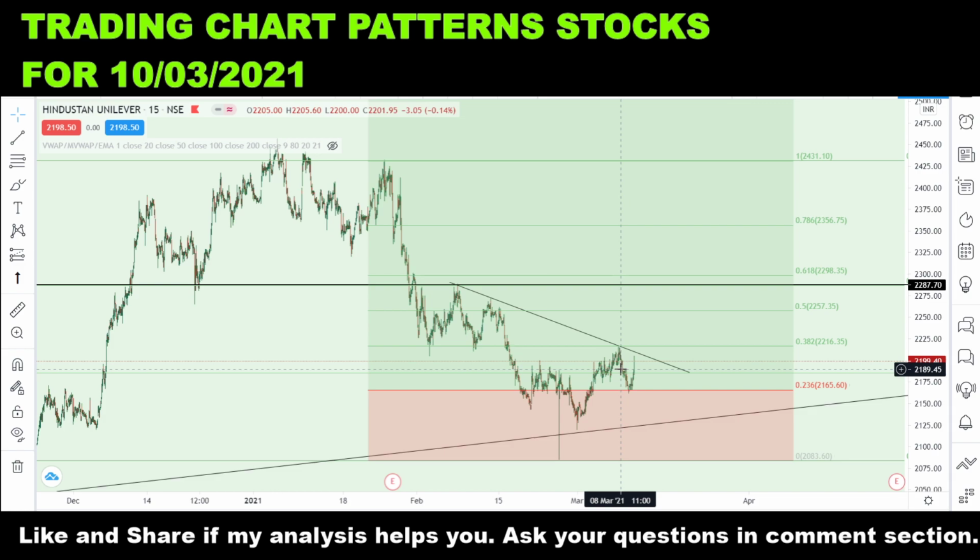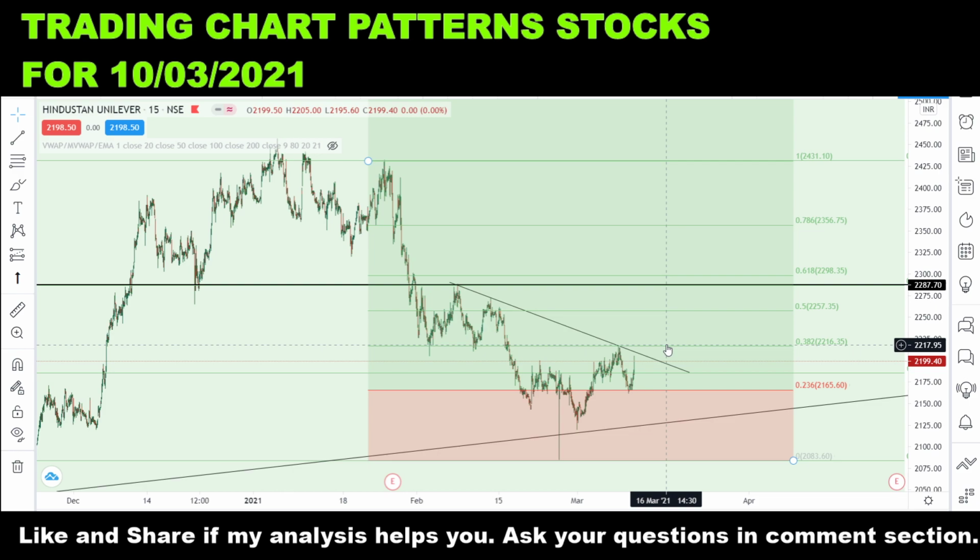If the stock manages to go below 2195, then it will soon turn bearish and will try to retest 2165 again. If it crosses 2216, 17, 18 rupees with good volumes, then we will consider buying this stock for the target of 2256, 57 rupees on an intraday basis.